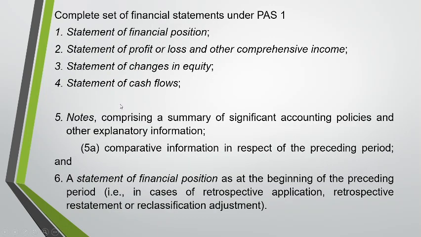The complete set of financial statements as per PAS 1 is the statement of financial position, statement of profit or loss and other comprehensive income, statement of changes in equity, statement of cash flows, notes comprising a summary of significant accounting policies and other explanatory information. And we have the comparative information with respect to the preceding period and the statement of financial position as at the beginning of the preceding period in cases of retrospective application, retrospective restatement, or reclassification adjustment.